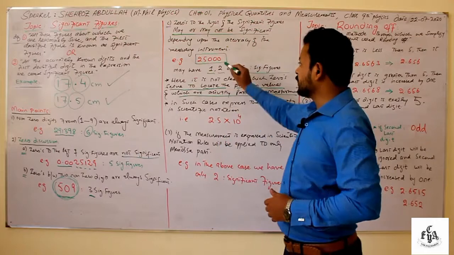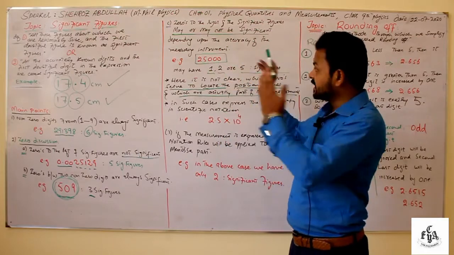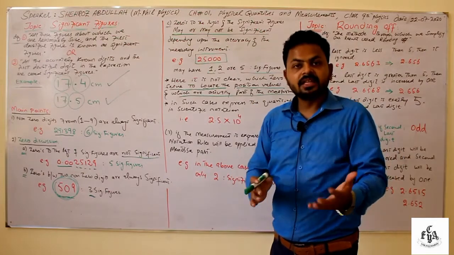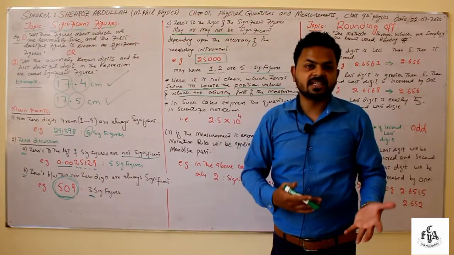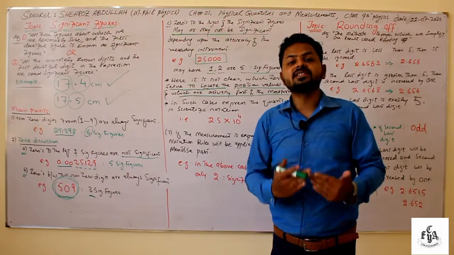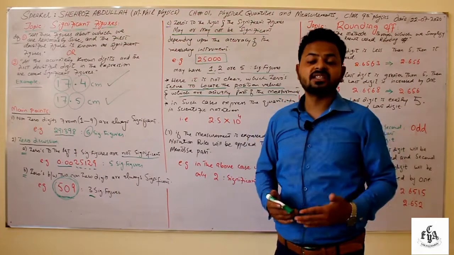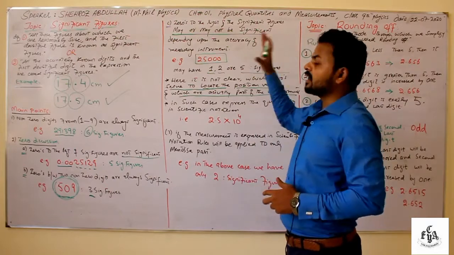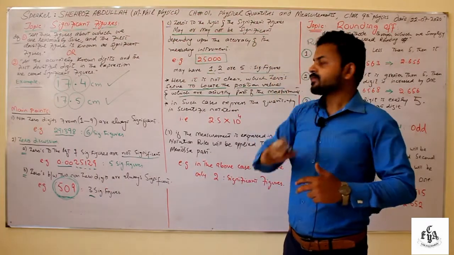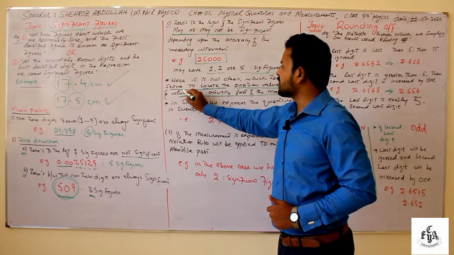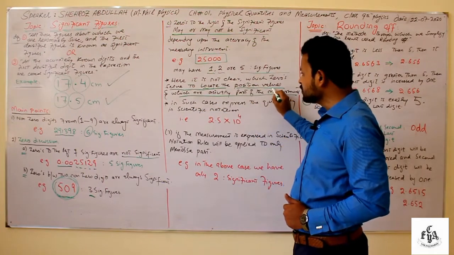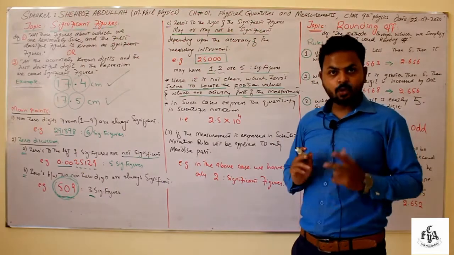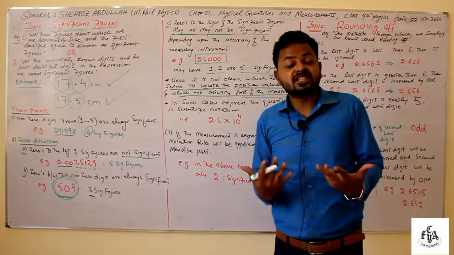In 25,000, since the zeros are on the right side of the significant figures, they may or may not be significant, depending upon the accuracy of the measuring instrument, right? Over here, we are not clear about which zeros serve to locate the position values and which are actually part of the measurement. Okay, what do we do in such cases?